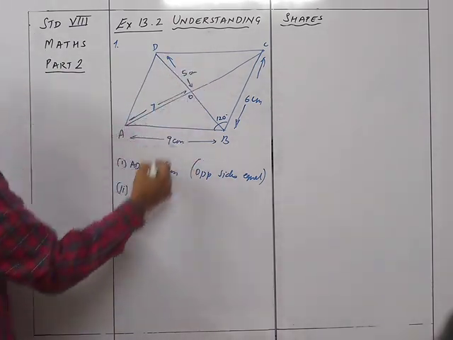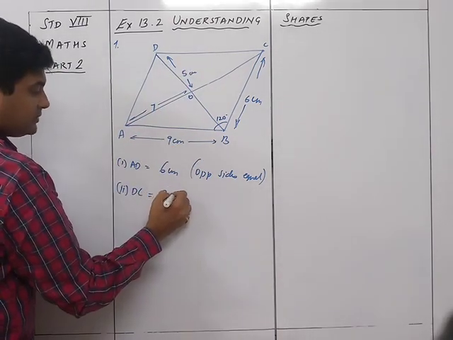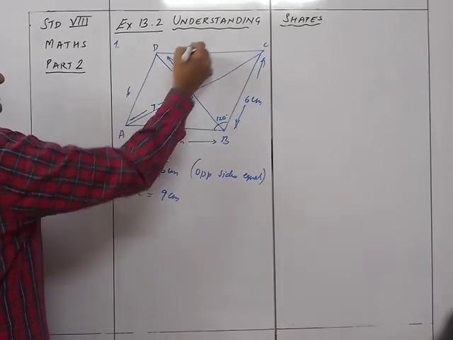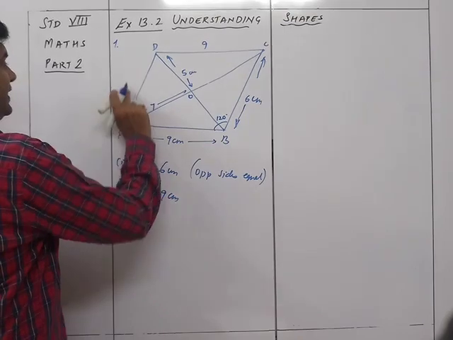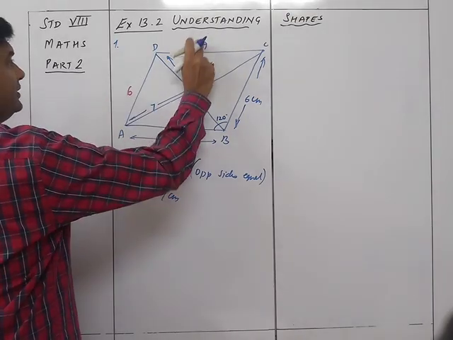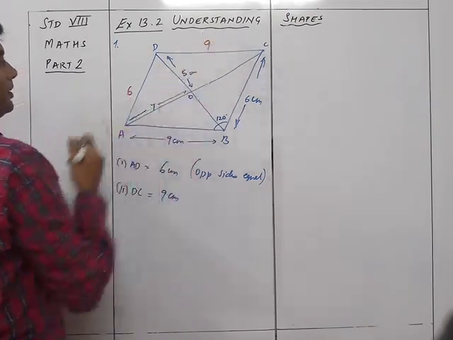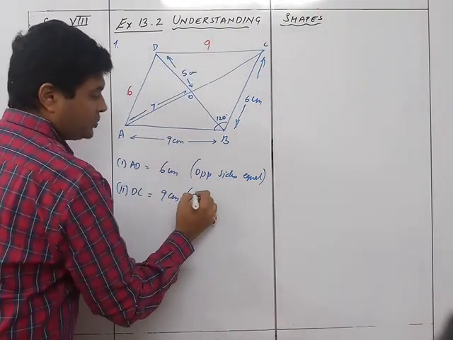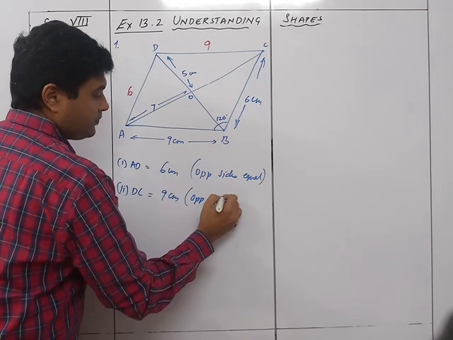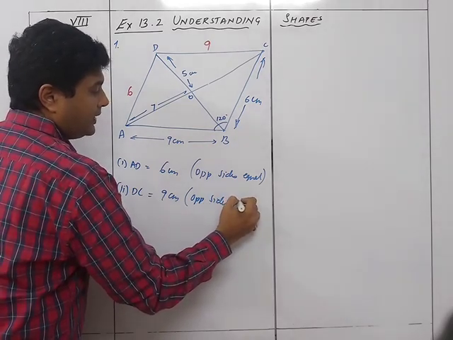DC is again the same reason. It will be 9 centimeters. So this will be 6, this will be 9. Use another color so that you are identifying the answers we have written. Okay, so this is 6 and this is 9. Again the reason is opposite sides of parallelogram are equal.